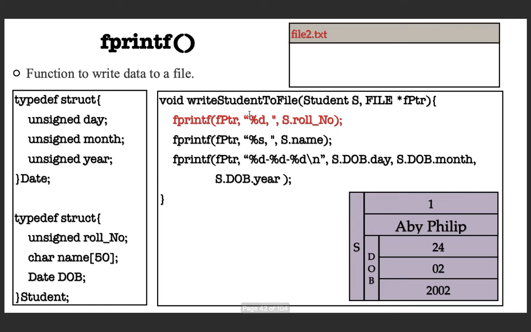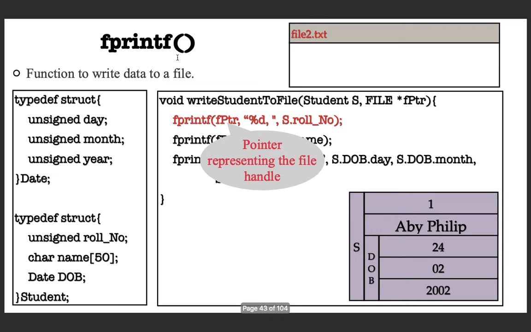Moving down, and note that here for the first time we are using the fprintf statement, and the only difference when compared to printf is that here, in addition to the other arguments that you want to have in a printf, as the first argument, which is extra, you are passing the file handle. Okay, that is the only difference. Otherwise, it is the control string followed by whatever you know about the printf. This is the only change.